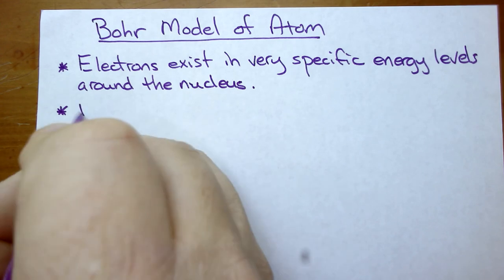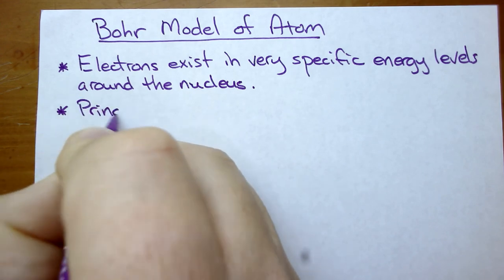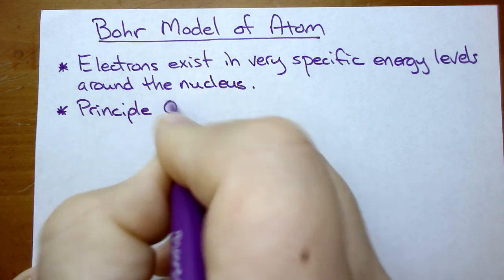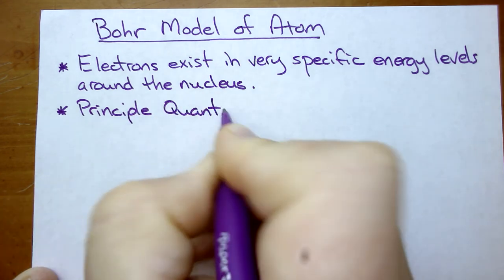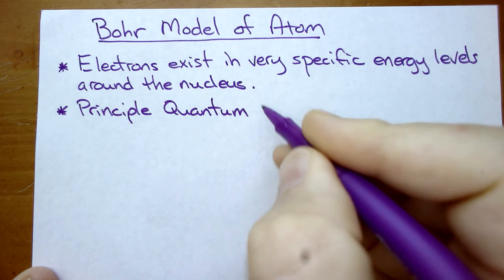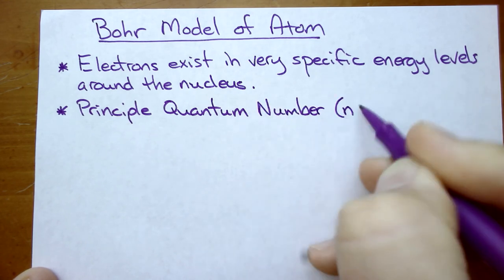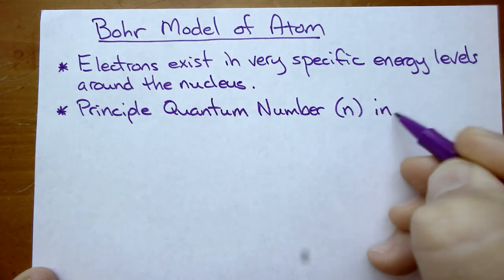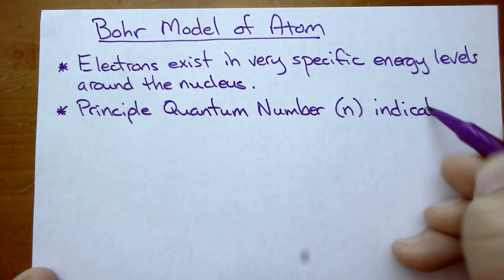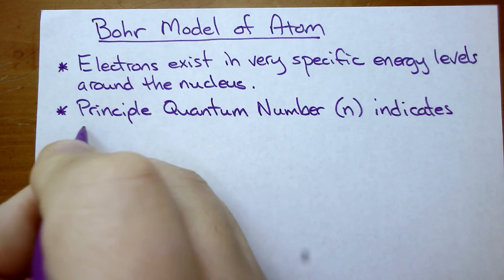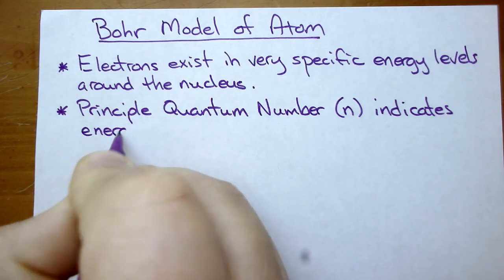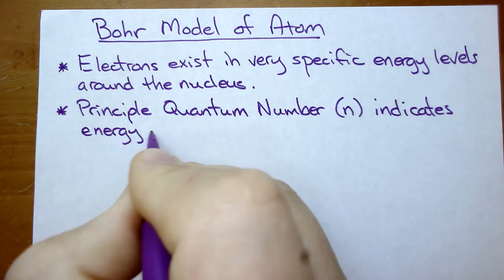So the principal quantum number N indicates the energy levels that the electrons exist in.